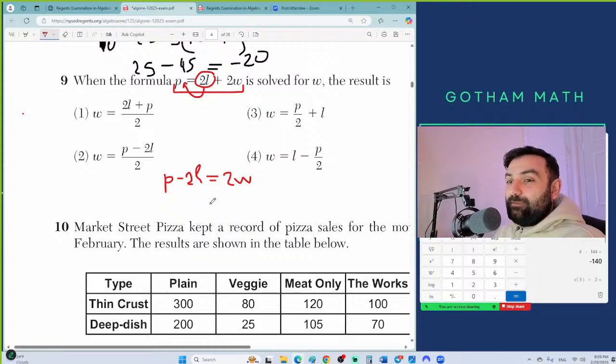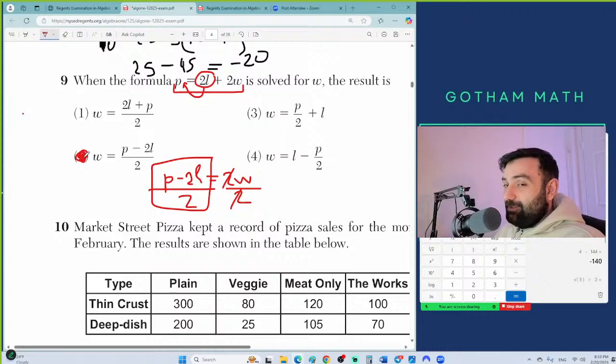And now one more move left is to divide by 2. This is not that hard. It's a two-step thing. They're checking whether you know how to move this, and that in order to get rid of the 2 in front of the W, you have to divide by 2. This is the answer: P minus 2L over 2. That's all.